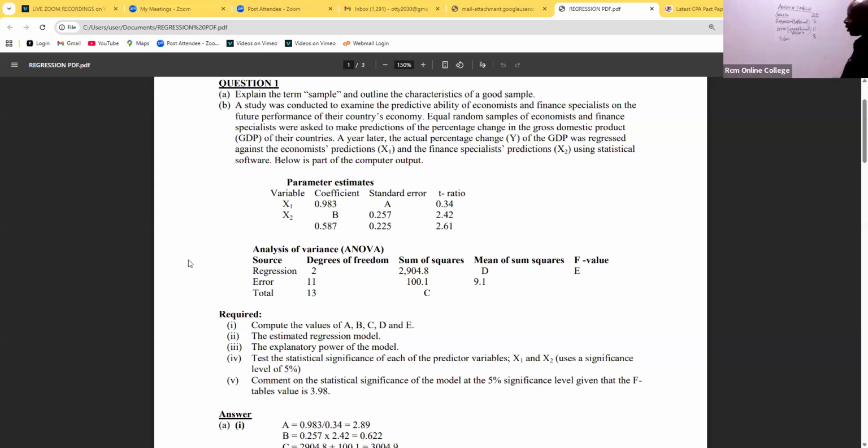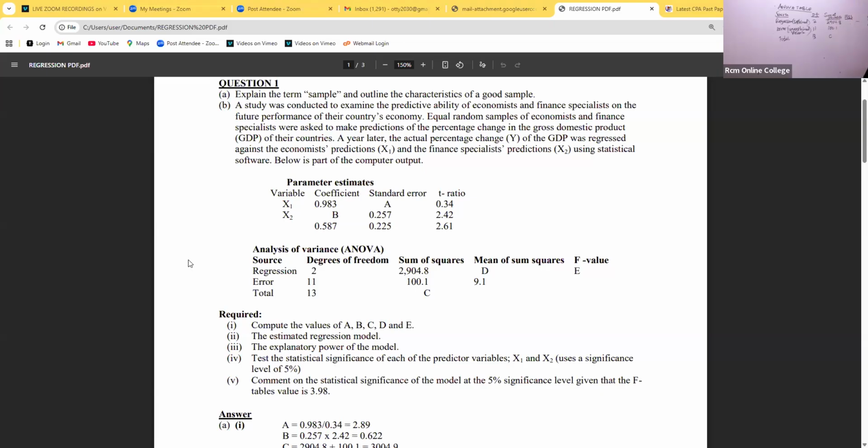And then we have what they're calling sum of squares: 2904.8, 100.1, and C. Then we have the mean sum of squares, MSS.